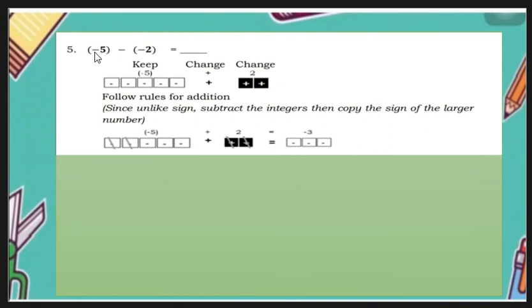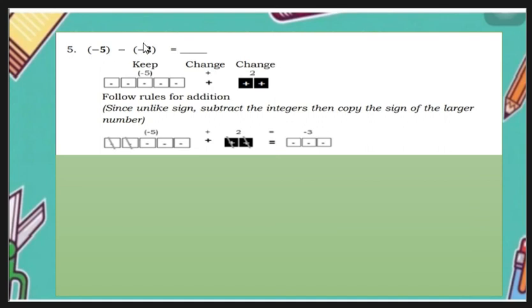Okay, same. We have this one, negative 5 minus negative 2. So we have, since the unlike sign, subtract the integers, then copy the sign of the larger number. Again, since magkasunod yung sign, we have negative and negative, then turn it into positive. Therefore, we have negative 5 and positive 2.